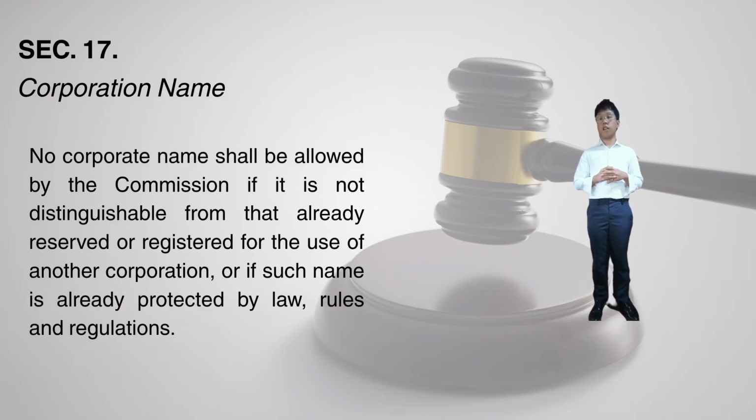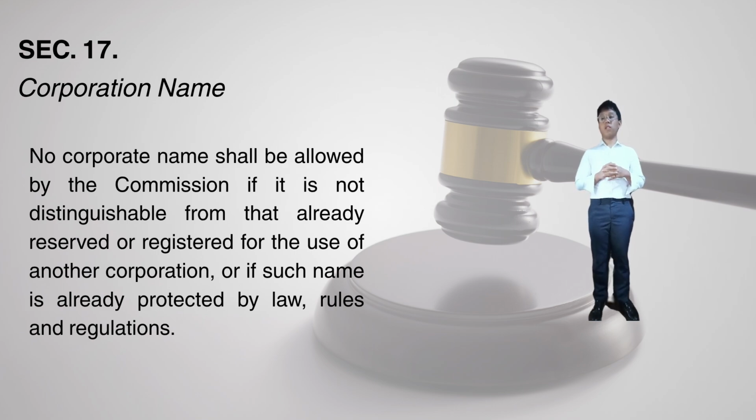A name is not distinguishable even if it contains one or more of the following: corporation, company, incorporated, limited, limited liability, or an abbreviation of such words, and punctuations, articles, conjunctions, contractions, prepositions, abbreviations, different tenses, spacing or number of the same word or phrase.